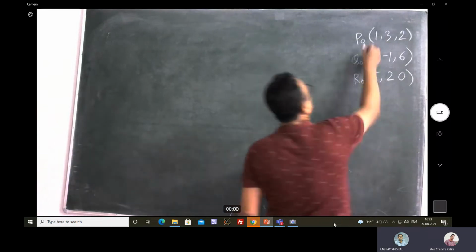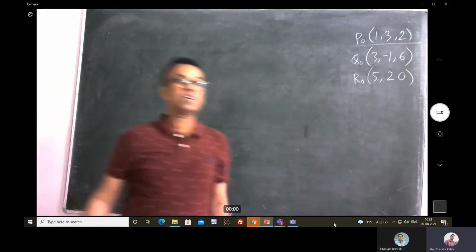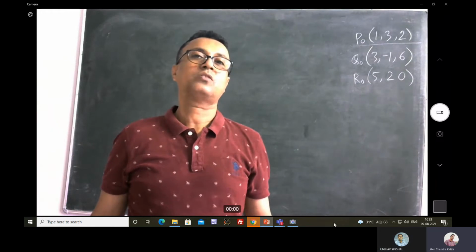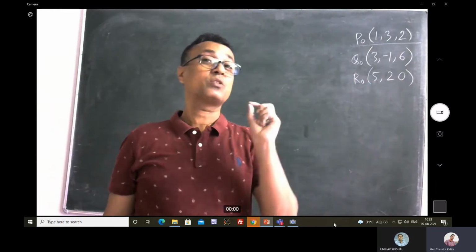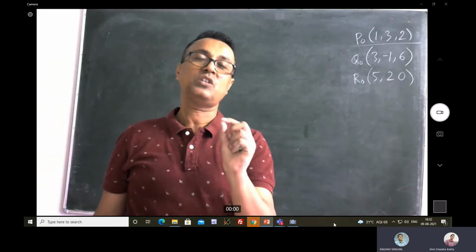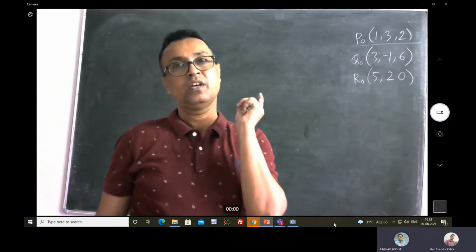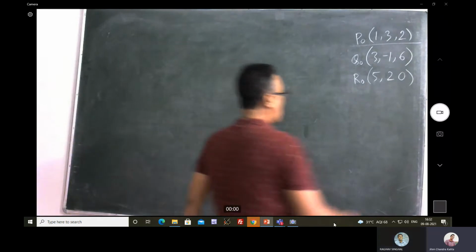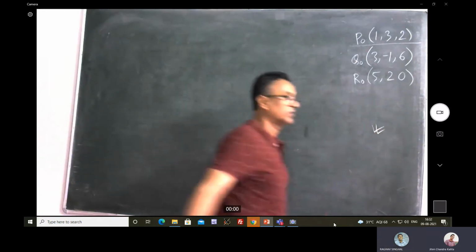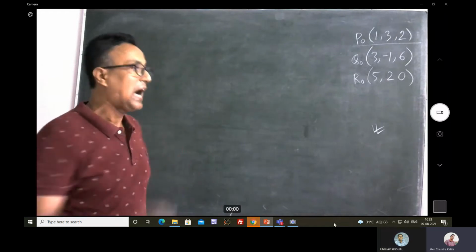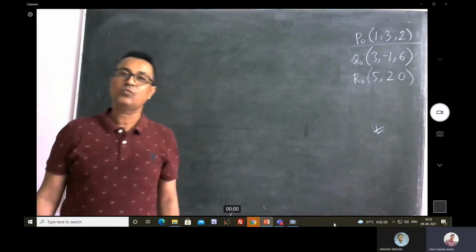Let me choose P naught. Whether you take P naught or Q naught or R naught, eventually you are going to get the same equation of the plane. You don't need to worry about it, you can try this. So I have one piece of information. The next information that I need is what?